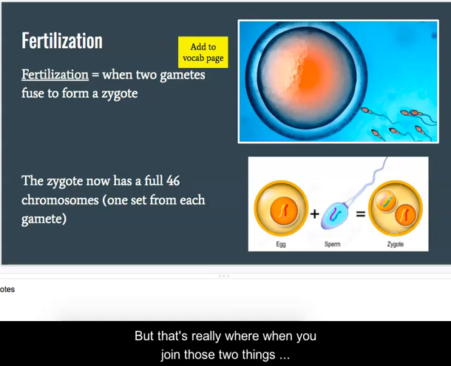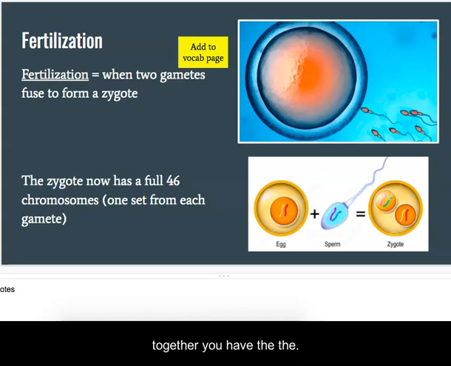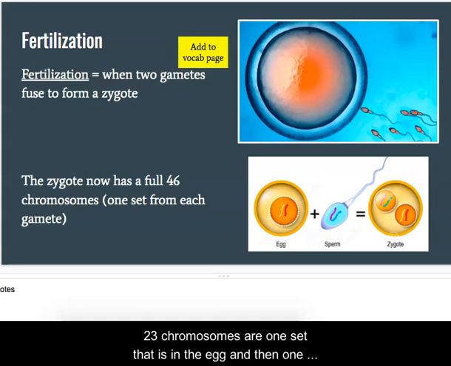But that's really where, when you join those two things together, you have the 23 chromosomes, or one set, that is in the egg, and then one set of 23 that is in the sperm. And then when they fuse together to make the zygote, that's how we are now back up to the grand total that we need of 46 chromosomes. And that's why, in our karyotype, we showed 1/2 of all of our chromosomes are from mom and 1/2 are all from dad.